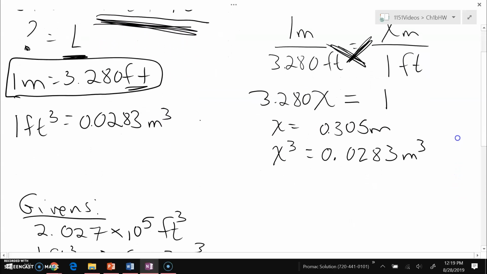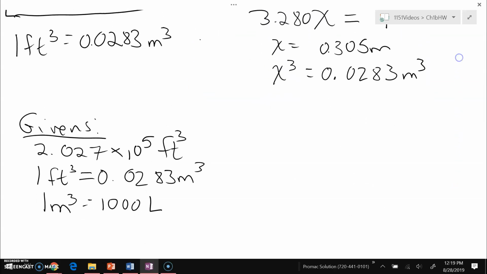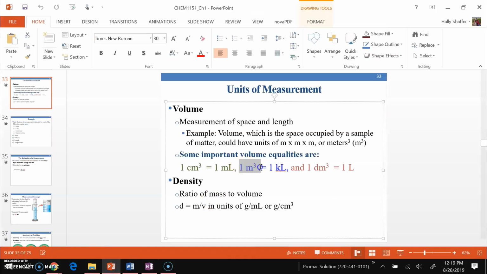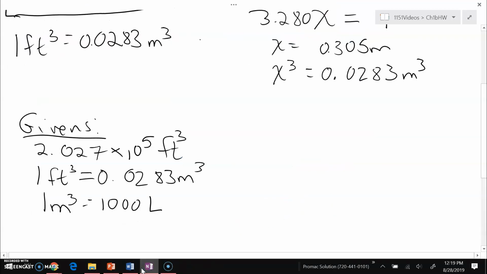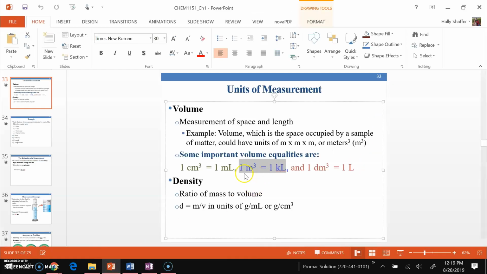All right, so I am given one number in the beginning, this number way at the top. There are my givens. Oh, I forgot about one more conversion. Let me go to the PowerPoint. Do you guys remember this blue equivalence? You can convert from feet cubed to meters cubed and then straight to liters if you know that step, or you can go to kiloliters and then liters using what's highlighted in blue.